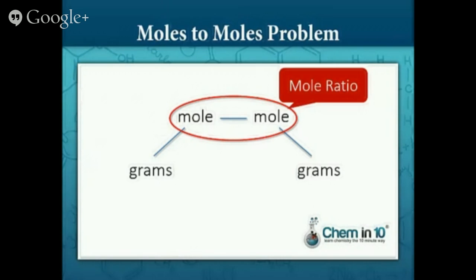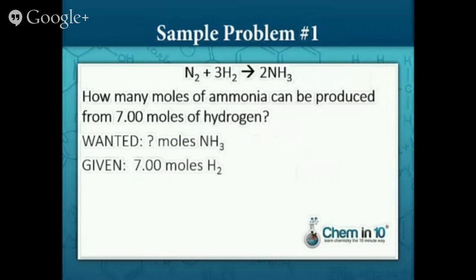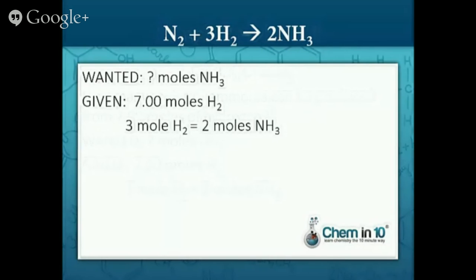We want to convert from moles of hydrogen to moles of ammonia, so we're going to need a mole ratio. We know that for every 3 moles of hydrogen in the balanced equation, we make 2 moles of ammonia. So setting up our problem, question mark wanted equals question mark moles of ammonia equals 7 moles of hydrogen, dot line.